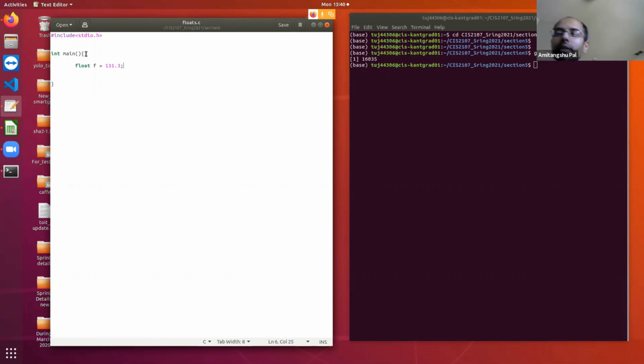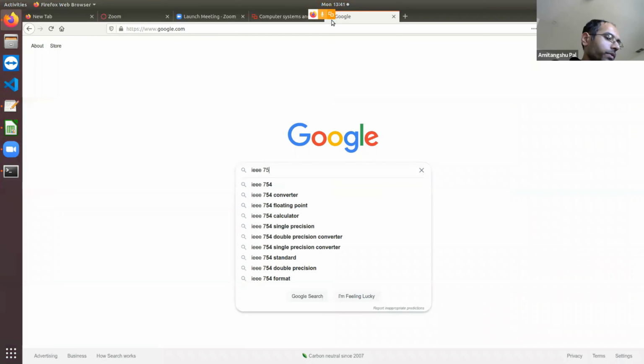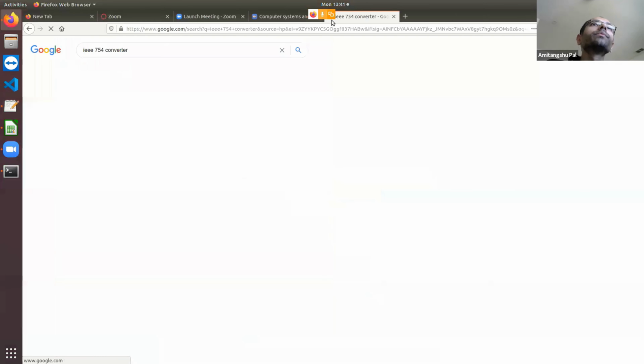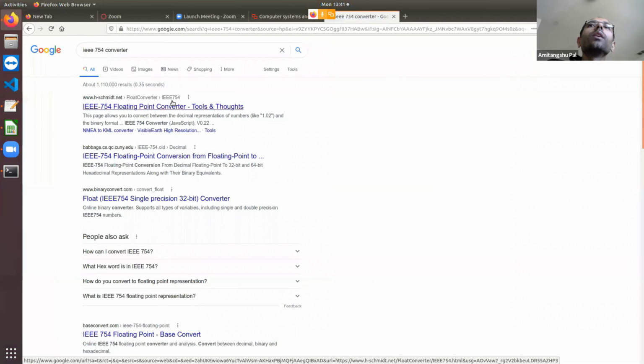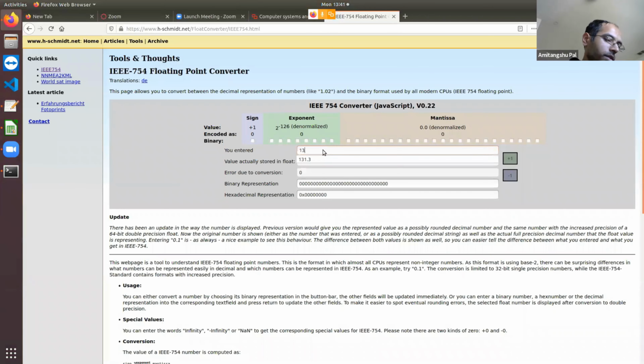So here I'm going to use a trick. Let's try to understand the trick. Let me describe this in small steps. First, let's open the converter and get the complete binary number. Let me convert 131.3 to its binary number.